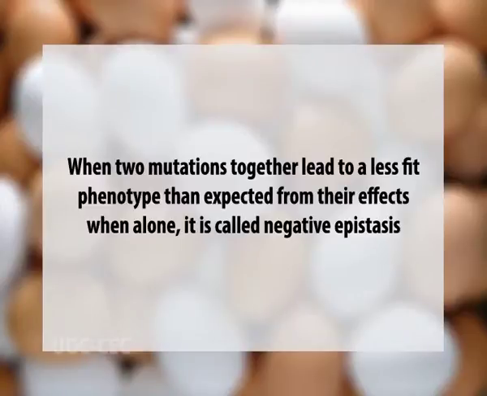Conversely, when two mutations together lead to a less fit phenotype than expected from their effects when alone, it is called negative epistasis. Negative epistasis between beneficial mutations causes smaller than expected fitness improvements, whereas negative epistasis between deleterious mutations causes greater than additive fitness drops.